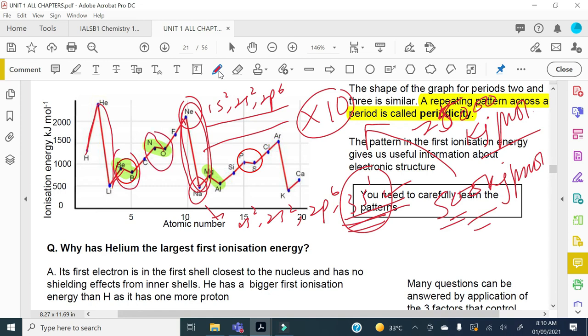It is about the outermost electron. Are you eliminating an electron from s or from p? Are you eliminating an electron from 1s or 2s or 2p or 3s or 3p? Okay, so you're talking only about the outer electron.